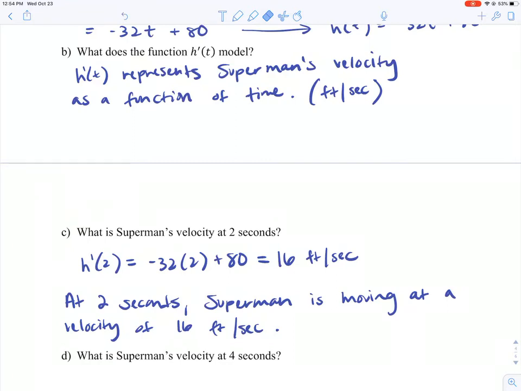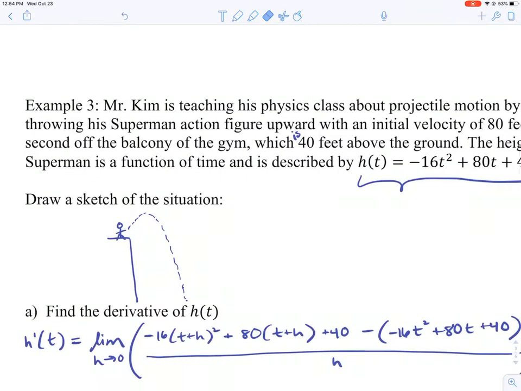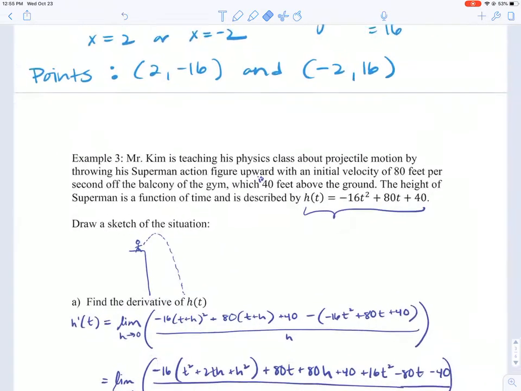Because we end up with a positive velocity, that tells us that Superman's height is increasing at 2 seconds. From 2 to 3 seconds we would predict his height would increase an additional 16 feet. So he's still going up at 2 seconds.